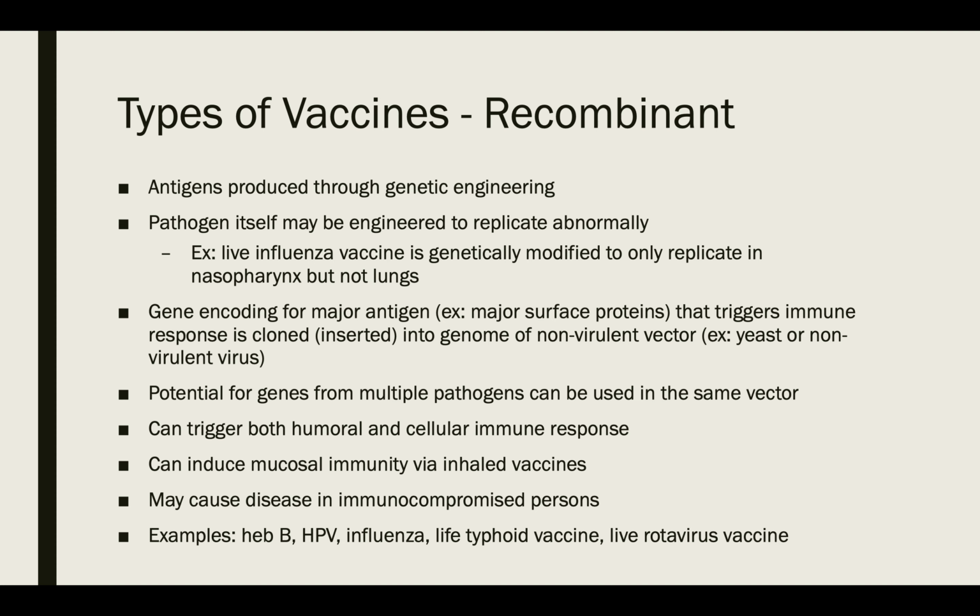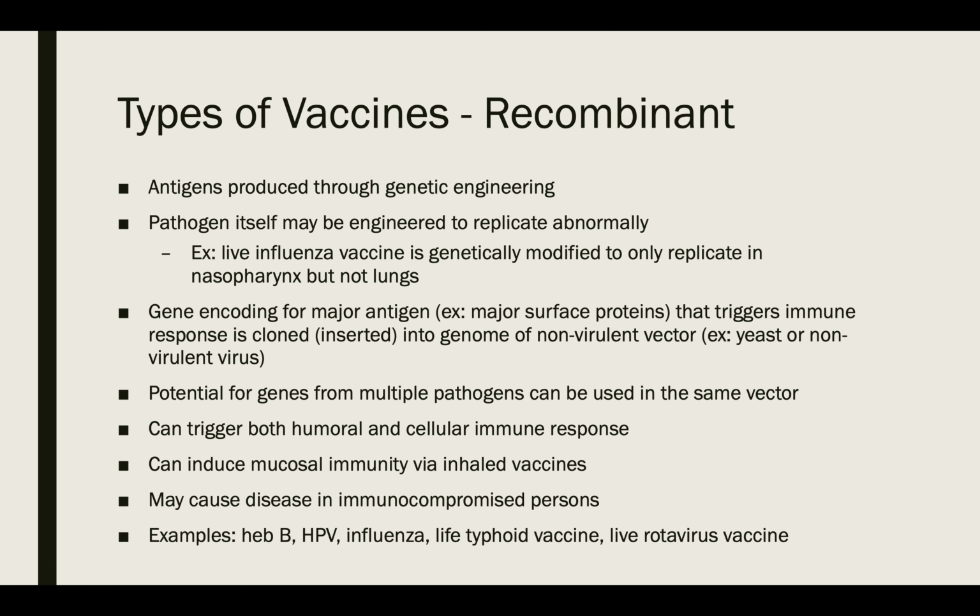Examples, the most common things would be yeast or a non-virulent virus. So there are some viruses that we can get that don't cause any disease in us, and so we can actually use those in recombinant vaccines. And I'm going to go through how each of those are done, because it sounds complicated, but it's actually not that complicated.